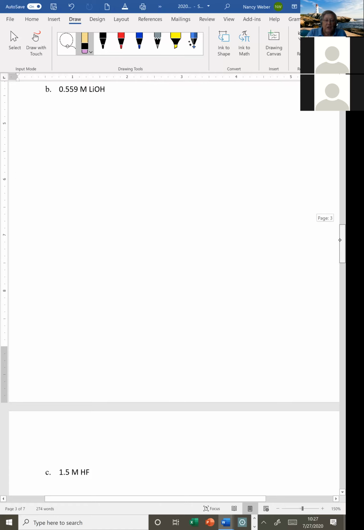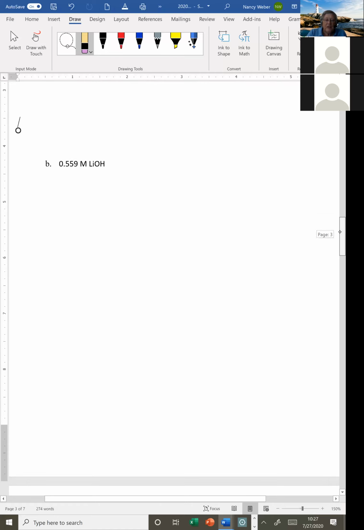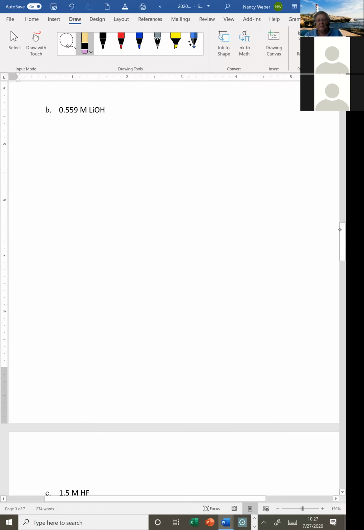Okay, then let's look at the base. Lithium hydroxide, strong or weak? Okay, let's hear from some of the rest of you. Yes. Okay, so we know it's strong.